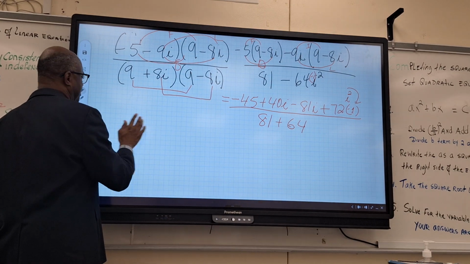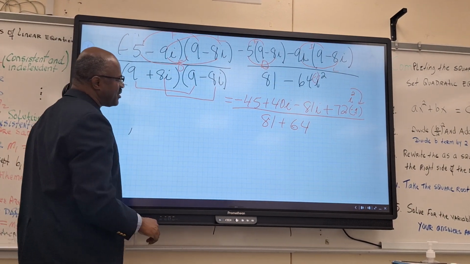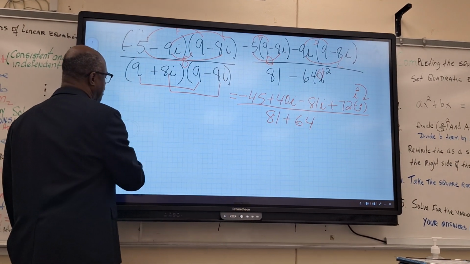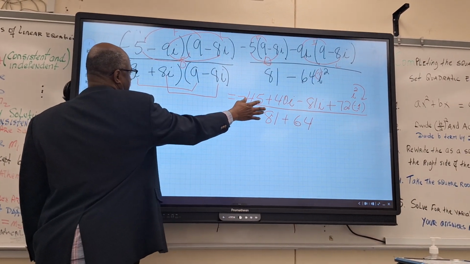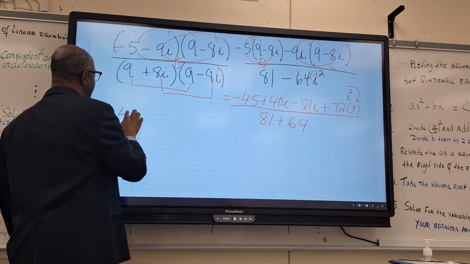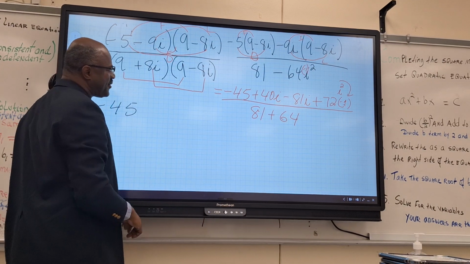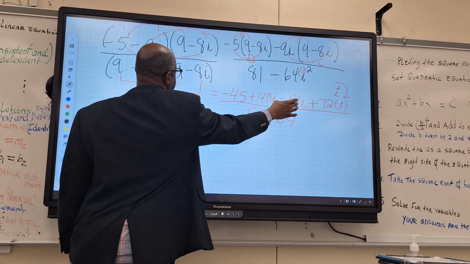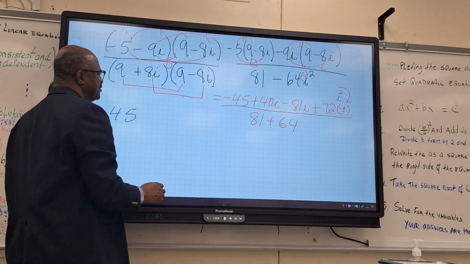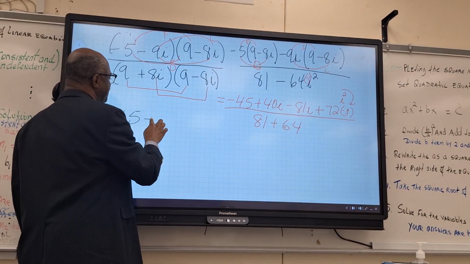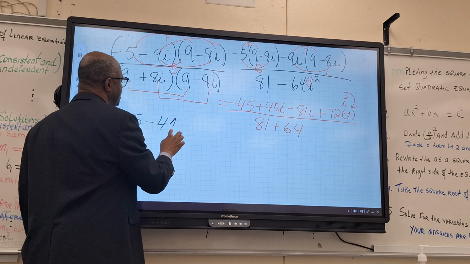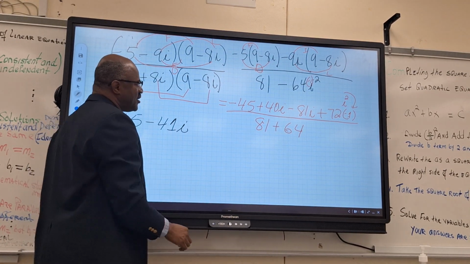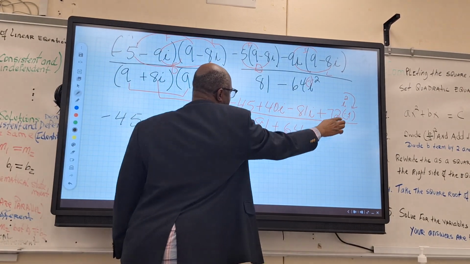So I'm going to simplify further. Let's go to your numerator. What do we end up with? This is what? Negative 45. Combining like terms, you have positive 40i minus 81i will give you negative 41i. And that will be 72 times negative 1.